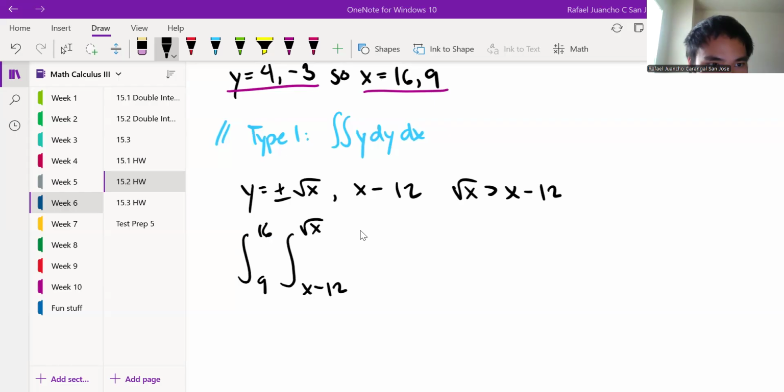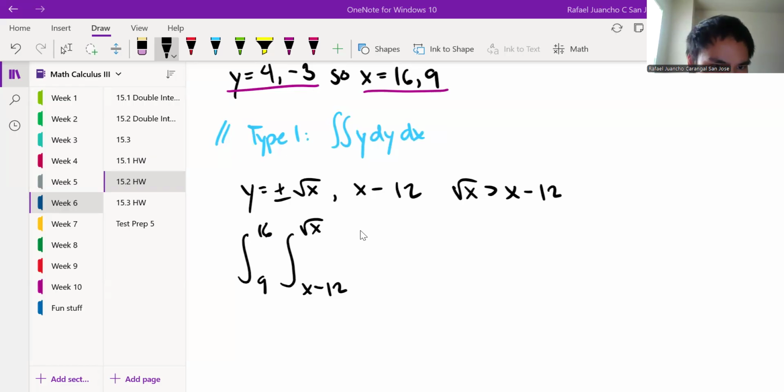There are a specific set of steps for this. So I have to find my upper y and my lower y. That's the first thing. And here I get two things, square root of x and negative square root of x. And then from there, what's the bounds of my x? It's from 0 to 1 in this case.